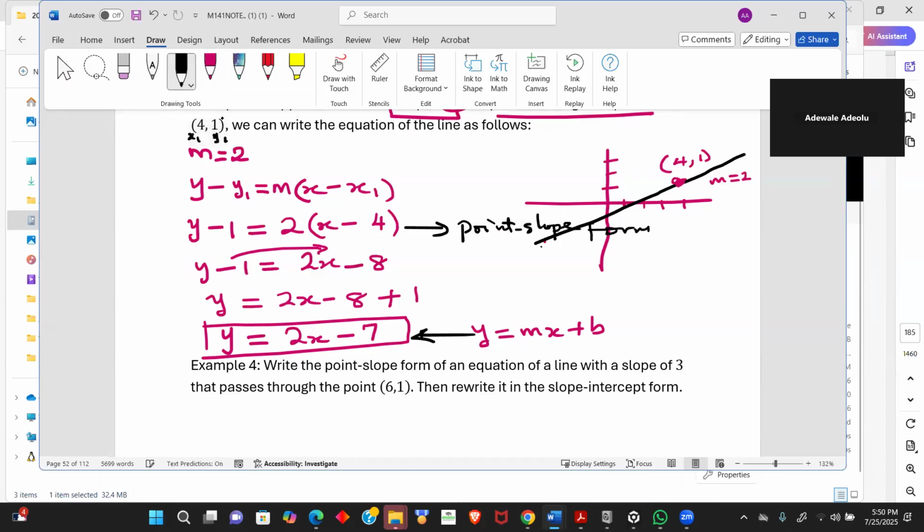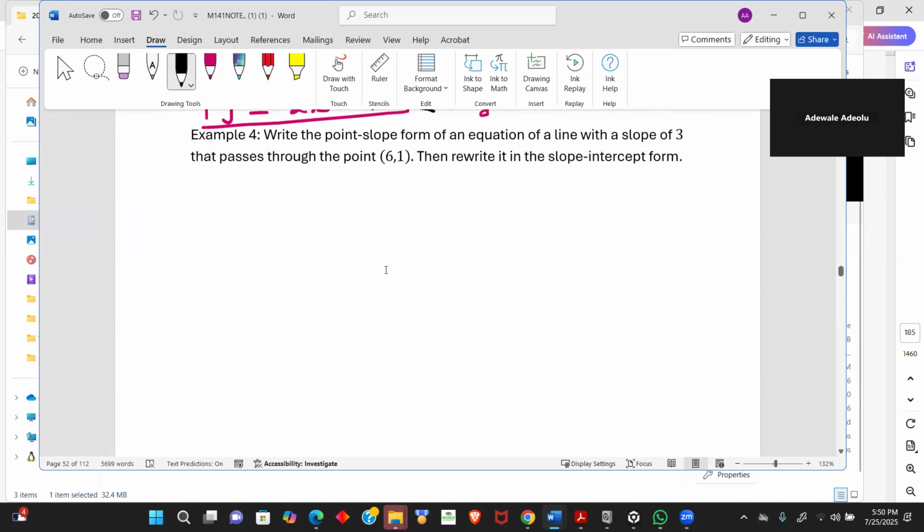I only wanted to show you that we can also move from point slope form to slope intercept form. A question can ask you to write it in point slope form and also rewrite it in slope intercept form, as we have in the next example.